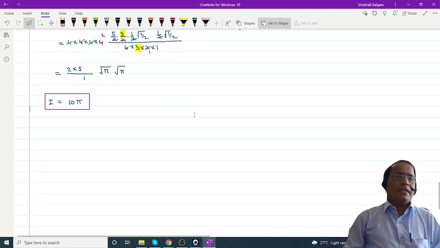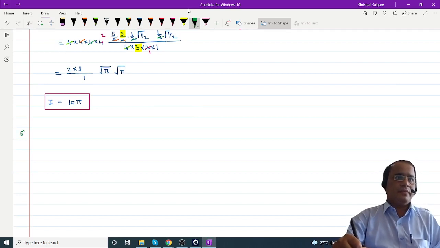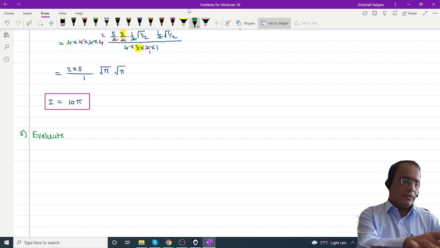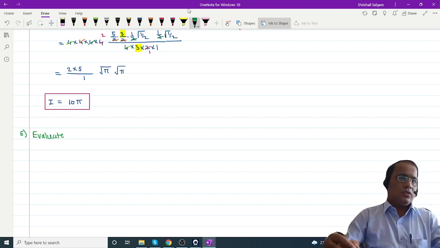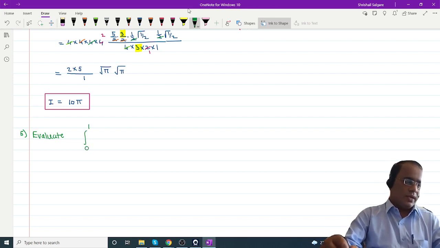That fifth example. Evaluate the integral. So I am taking an unsolved example. Integral 0 to 1, dx upon square root of 1 minus x raised to 8.